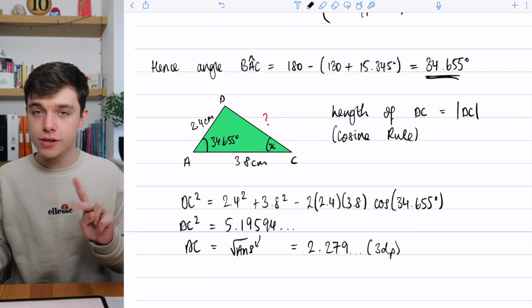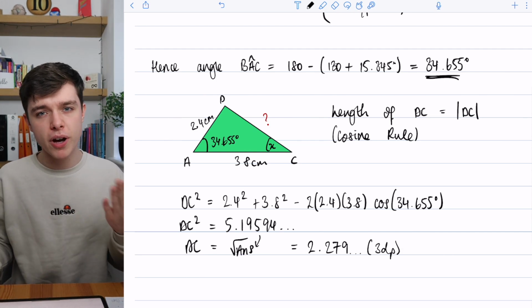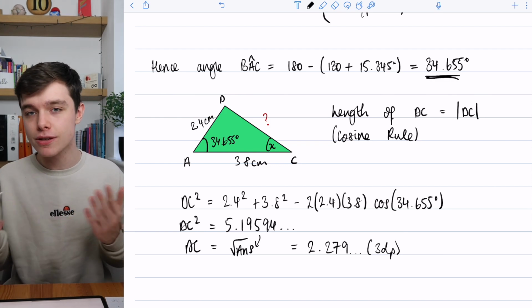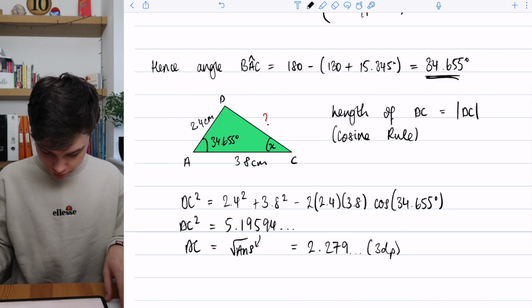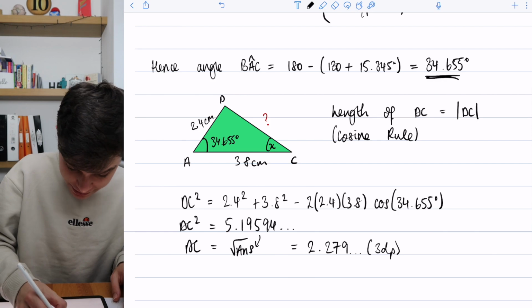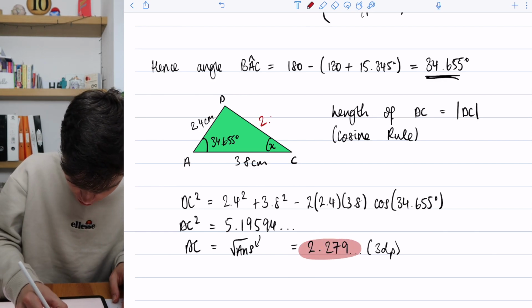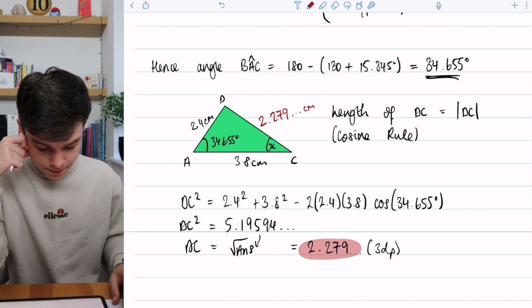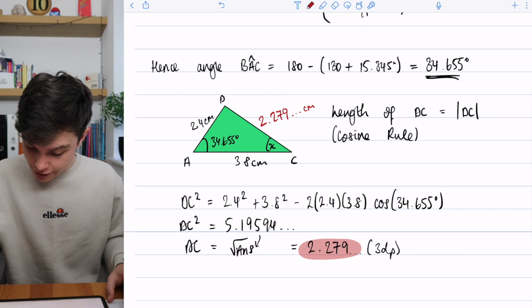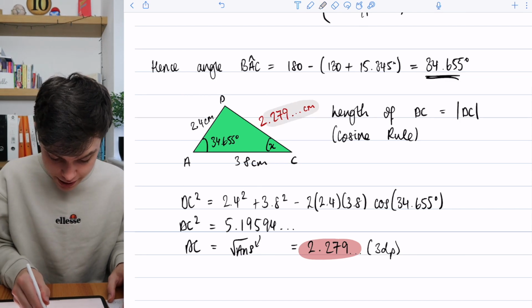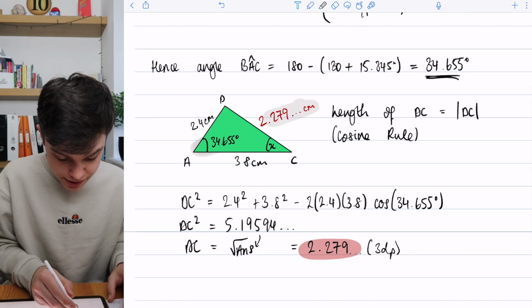Of course you get plus and minus there on the square root, but we're working out a side, it's a length, so it has to be positive. Okay, so I'll highlight it in red, and I'll write it in red here, 2.279... centimetres.